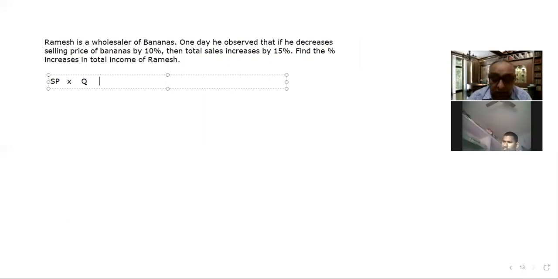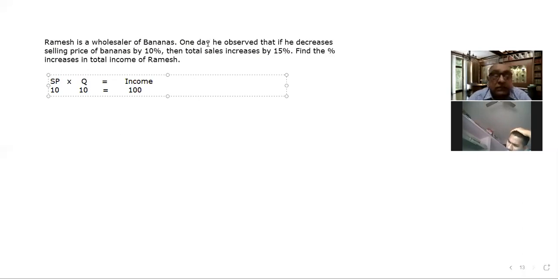Selling price into quantity sold is the income of the seller. Let's suppose the selling price was 10 and the quantity was 10 dozens or 10 kg, whatever it is. Then the income would be equal to 100.